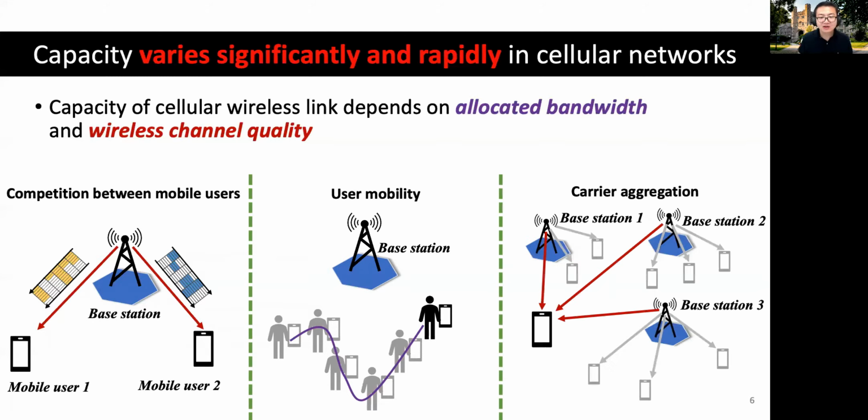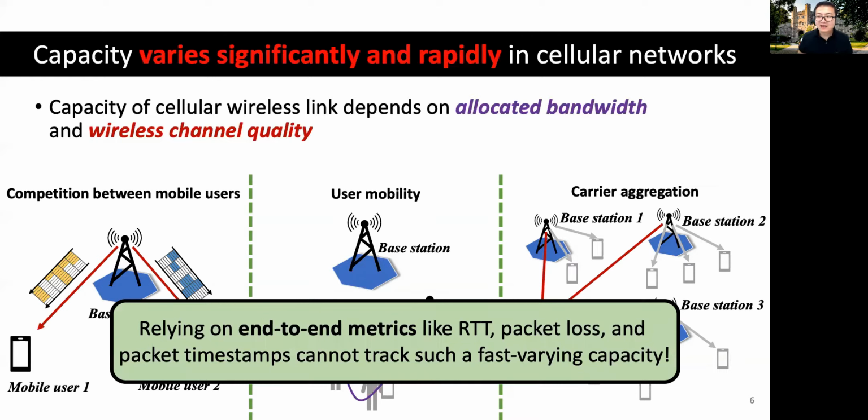What makes things worse is carrier aggregation. Both 4G and 5G support carrier aggregation so that one mobile user can talk to multiple base stations simultaneously. As a result, this user experiences all the dynamics of all its aggregated base stations.